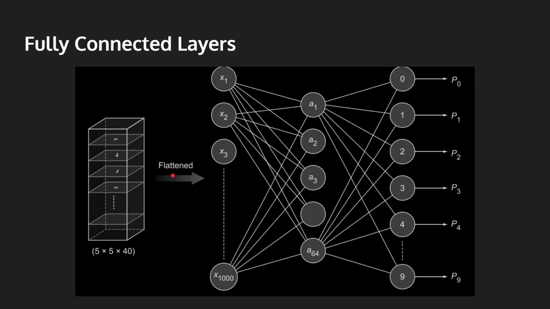But before we do that, we have to flatten this, right? Remember that MLPs only take one-dimensional vectors, so that's why we have to flatten this and then feed it through. And in this case, it's 1 by 1000 since we have a 3D tube here. So 5 times 5 times 40, that gives us 1000.